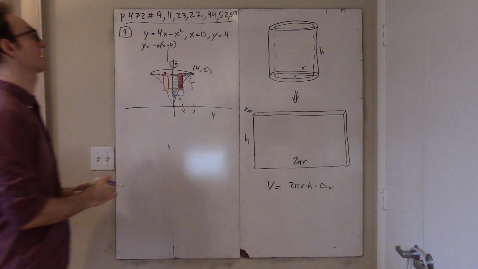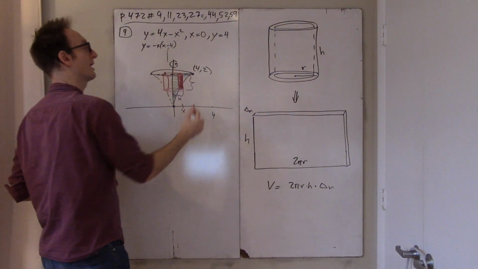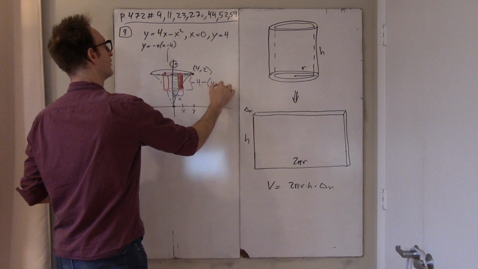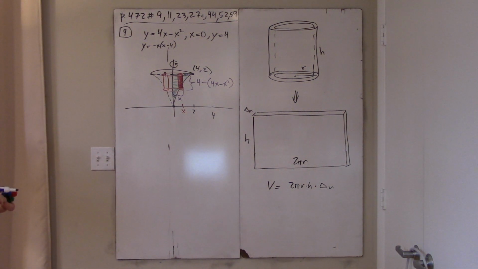And what is the length of that representative rectangle? It's the difference in the y-coordinates between the line y equals 4 and the parabola, so it's 4 minus 4x plus x squared. That's the height of the representative rectangle, thus that's the height of the shell.